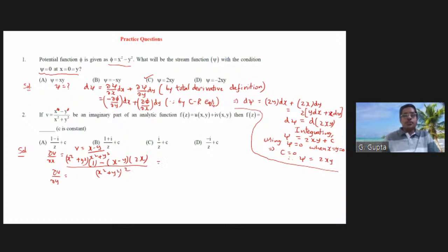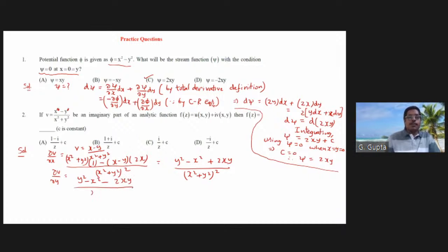So this simplifies to y square minus x square plus 2xy whole divided by x square plus y square whole square. Similarly, dou v by dou y, you will be getting y square minus x square minus 2xy whole divided by x square plus y square whole square.